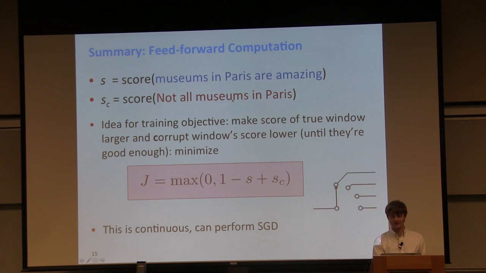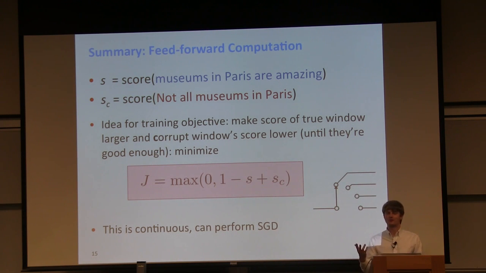And you take some random other window, such as "not all museums in Paris." Now "Paris" is not a named entity location, and that scores only 0.5. Now you take 1 minus 5 plus 0.5, and that overall is smaller than 0, but your objective function basically takes the maximum of these two numbers. And the maximum here would then be 0, and hence you can ignore that window.